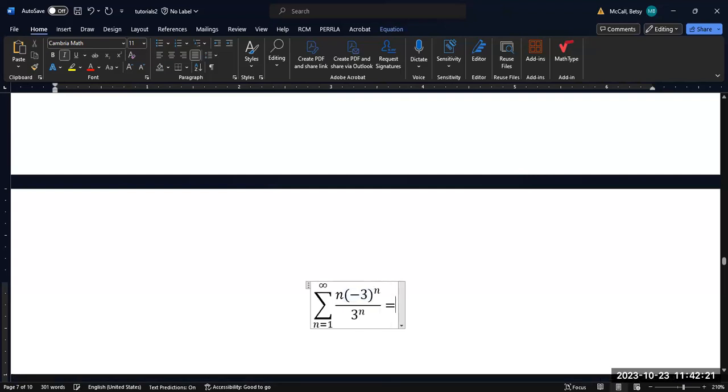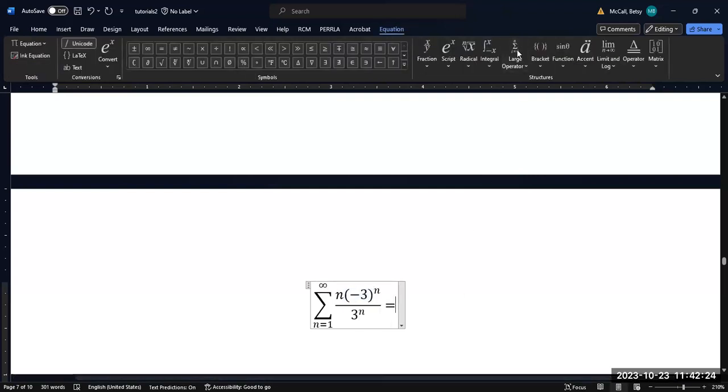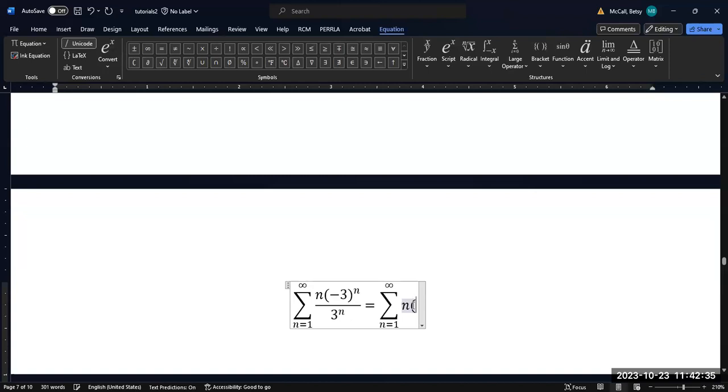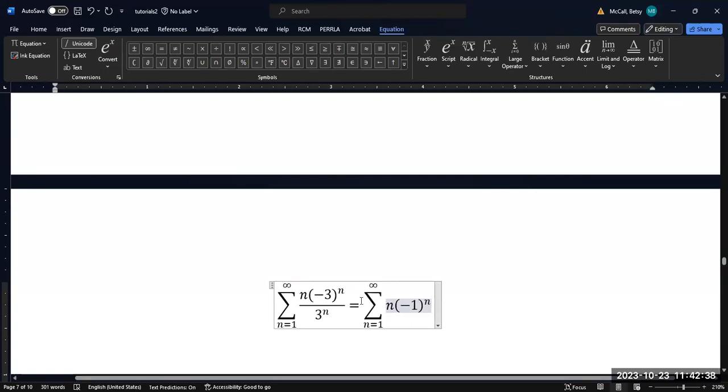That leaves us with the sum from n equals 1 to infinity of n times (-1) to the n, because of course -3 is -1 times 3. The 3 to the n cancels with the denominator, and so we're just left with the negative component. This is -1 +1 -1 +1 -1 +1 -1 +1 forever. This doesn't blow up, but it also doesn't converge.